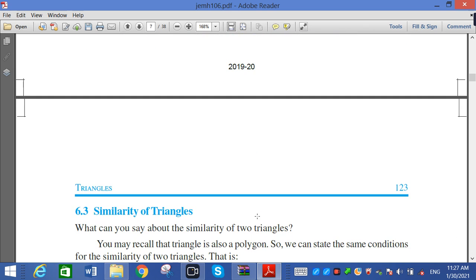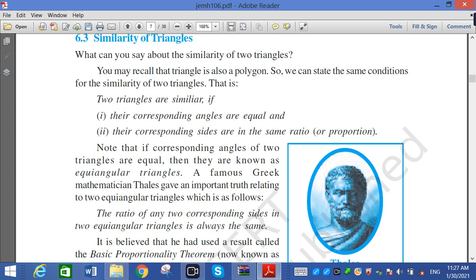Now the important topic, that is similarity of triangles. Today we have to discuss one theorem. First, two triangles are similar if their corresponding angles are equal and sides are in proportional form.